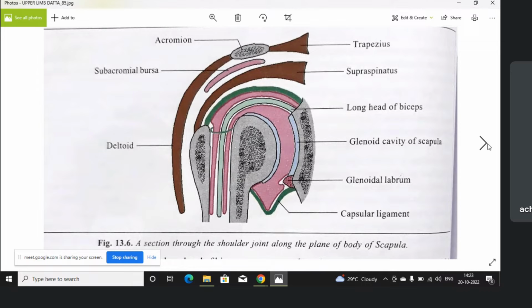In the section, the glenoidal labrum looks like a triangular shape.